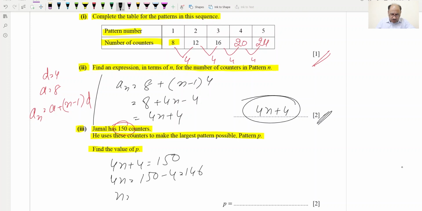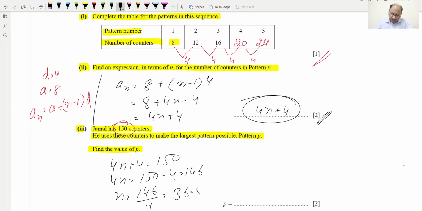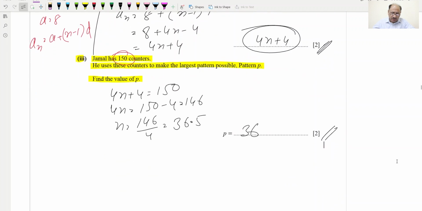So n is equal to 146 divided by 4, which gives us 36.5. So 0.5 is half, so we will leave this one and take the complete 36. So we'll say 36 patterns will be formed. So this is 2 more marks which we are done with.